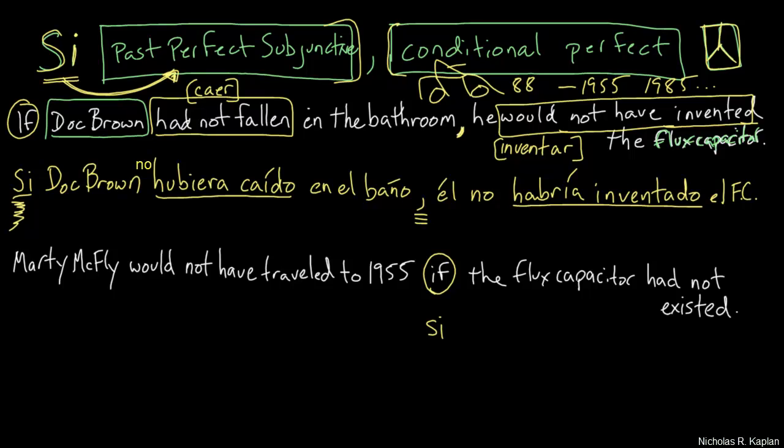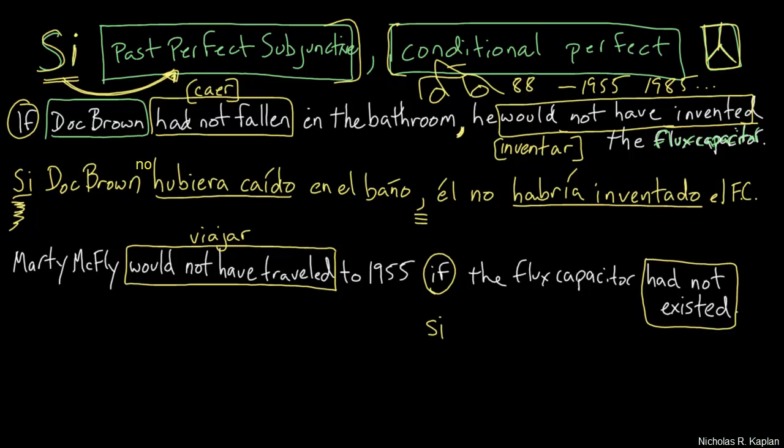So Marty McFly would not have traveled. To travel to 1955 if the flux capacitor had not existed. Existir is the infinitive here. All right, so Marty McFly would not have traveled.